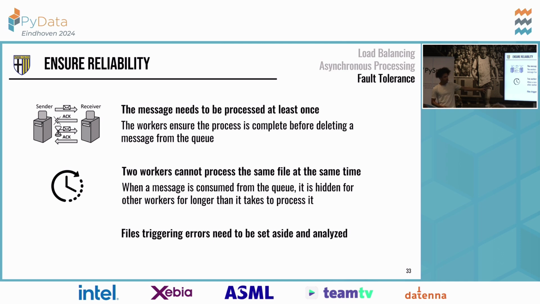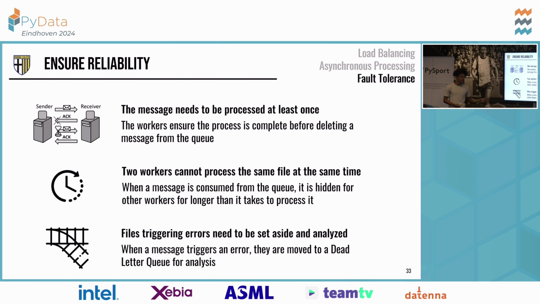And also files triggering errors need to be set aside and analyzed. This is made possible by what is called a dead letter queue. It's simply another queue that's going to contain every message that triggered an error, so that you can manually fetch from this queue and see what went wrong, and then put the file back in the queue when it's fixed.